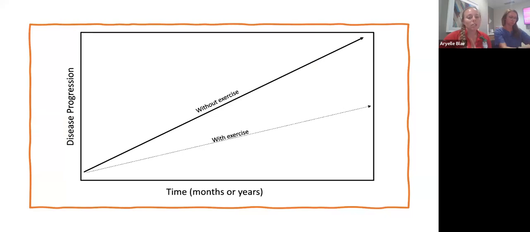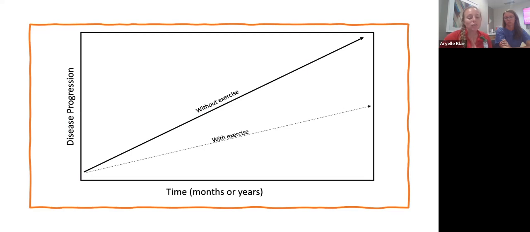This slide was not referenced from a specific study, but Andrea and I created it just to show that with the majority of neuromuscular disorders, we do expect to see disease progression over time. The y-axis is disease progression, and the x-axis is time, which could be months or years, depending on the diagnosis.